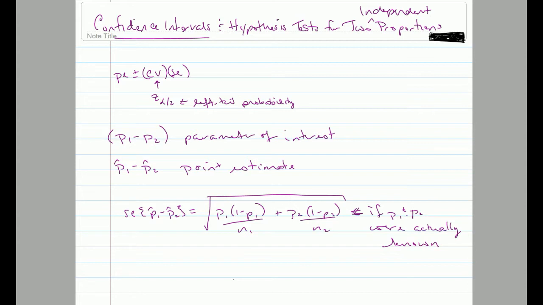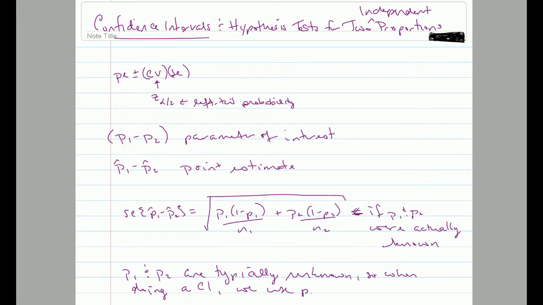Now, because P1 and P2 are typically unknown, when doing a confidence interval, or interval estimation, we use P1 hat and P2 hat to find the standard error.